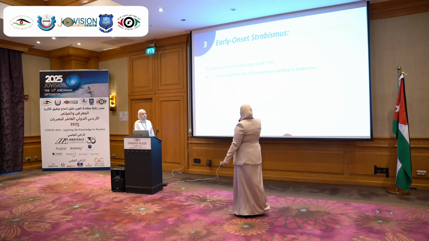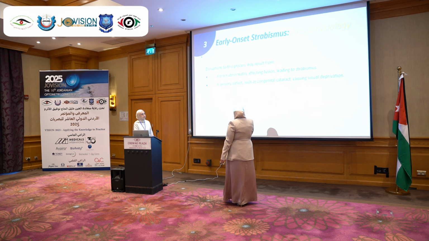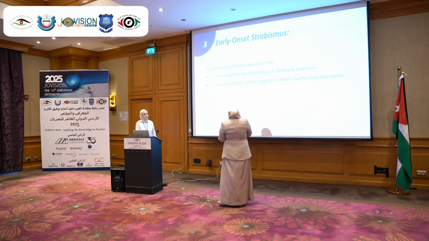So any disruption to this process may result from a brain abnormality affecting fusion that could lead to strabismus, a sensory defect such as a congenital cataract, or a motor dysfunction, leaving the visual system in an immature state. Let's focus on this note: these factors can prevent normal binocular vision development, keeping the visual system in an archaic mode.